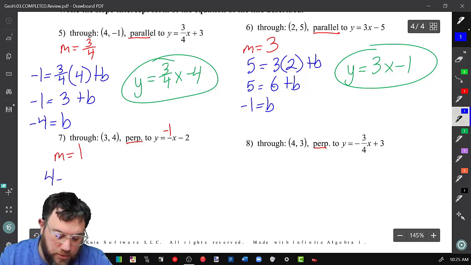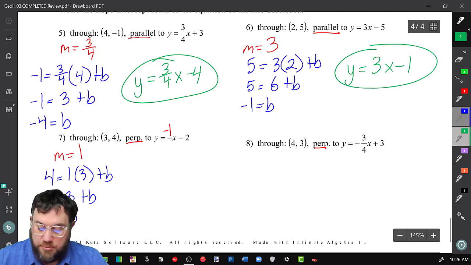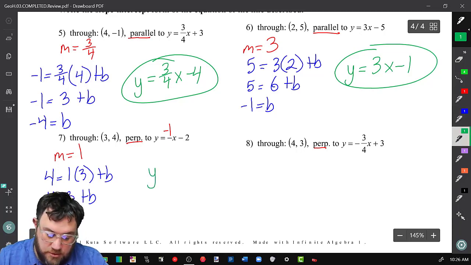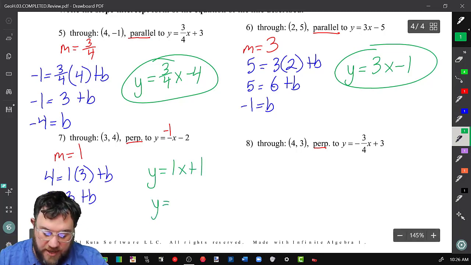So we have 4 equals 1 times 3 plus b. So 4 equals 3 plus b, so 1 equals b. So we would go y equals 1x plus 1. Remember, we don't usually write the 1 in front of that x.